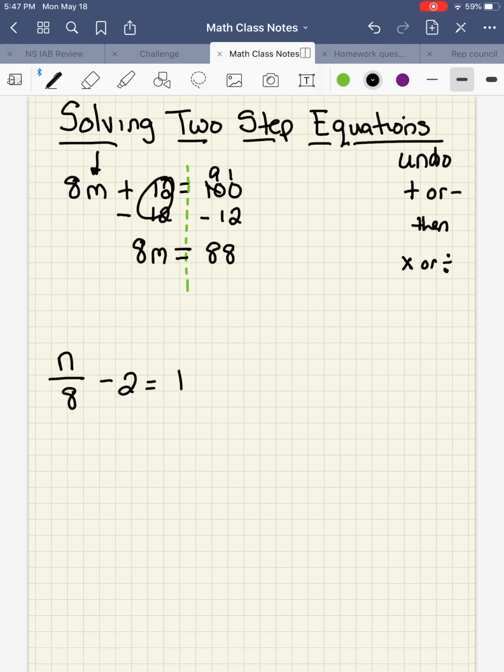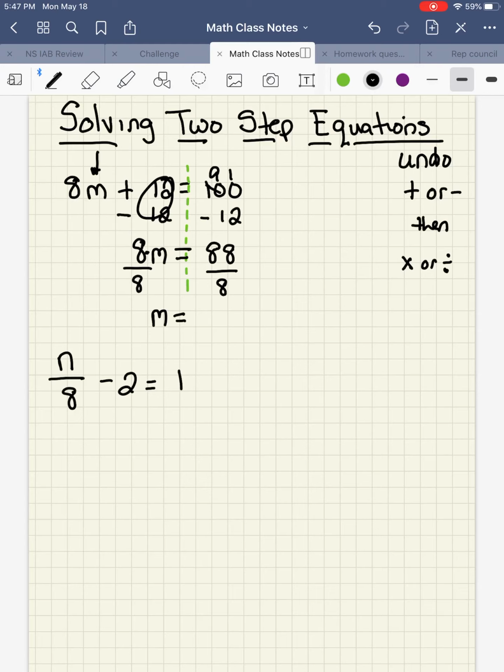Now my second step is to undo that multiplication or division. In this case, it's multiplication. I undo it by doing the opposite, which is divide. So I'm dividing both sides by the number that I want to go away. Since I want the m to stay there, the number that I want to go away is the 8.